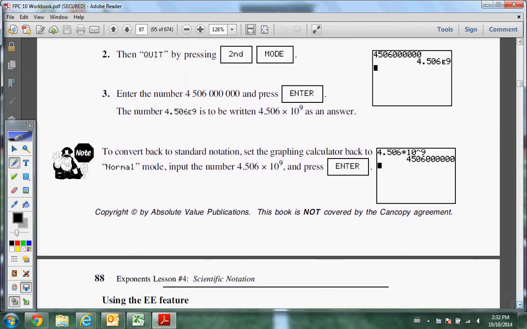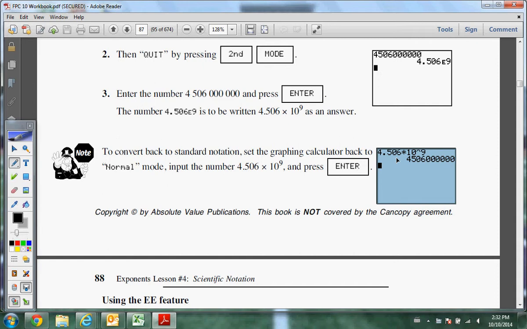Make sure it's in normal mode, and then you could put 4.506 times 10 to the 9th. So if you want scientific, you've got to put it in scientific mode, and it'll give you this type of reading here. And if you want regular, standard notation, you would just make sure you're in normal, and you could put it in, and it'll show that as well.